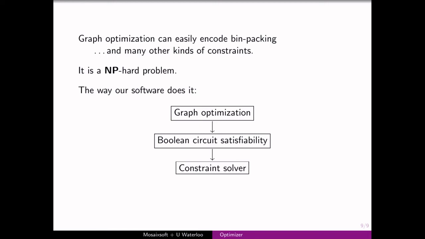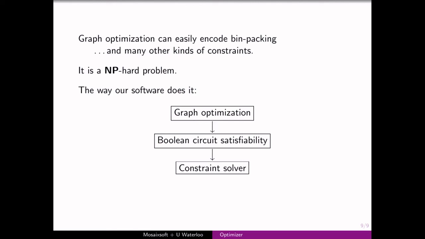What we do is we map or reduce instances of the graph optimization problem to a canonical problem called Boolean circuit satisfiability, and a problem encoded as a Boolean circuit satisfiability problem, we are then able to feed to a constraint solver, which then cranks and gives us the answer.